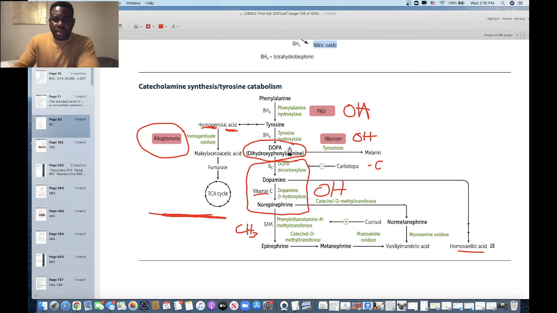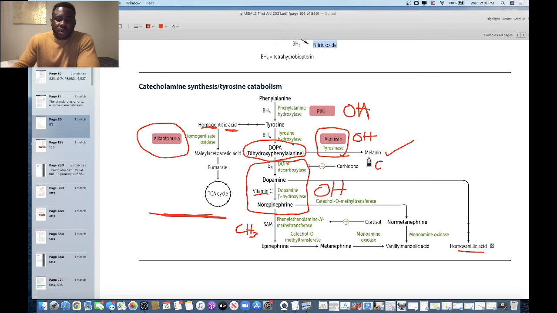And then here you want to know that dopa can be converted into melanin. This is the melanin that gives the black pigment, and it's done by tyrosinase. So dopa is converted to melanin using the tyrosinase enzyme. Now, if somebody lacks tyrosinase, what would they have? You can't make melanin.